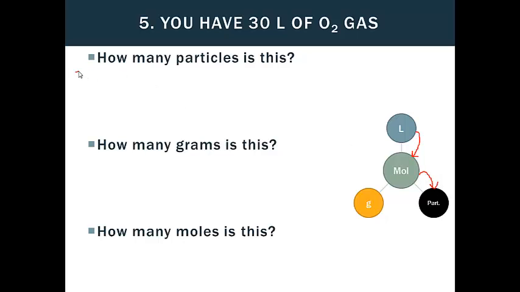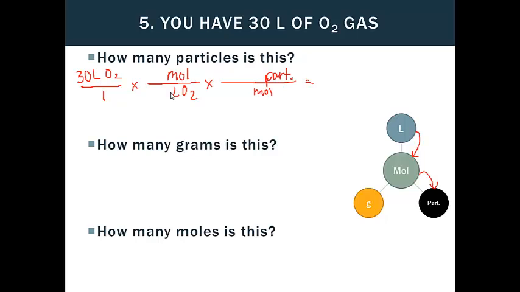So I've got 30 liters of O2, and I want to convert this first into moles. So we need to know the conversion factor. Then I want to convert moles into particles. So I just have to know the conversion factors.